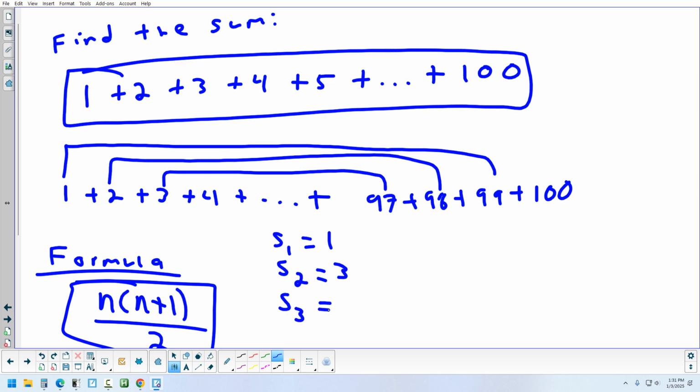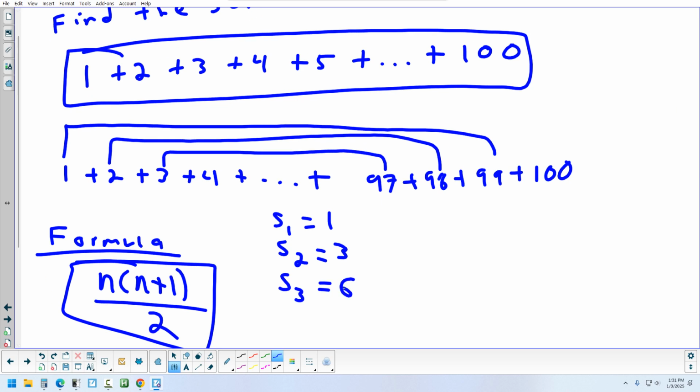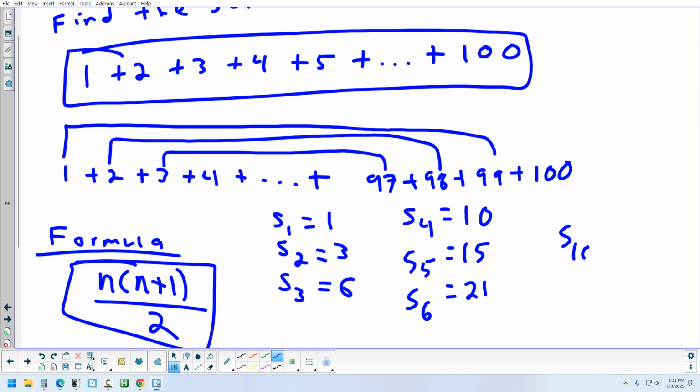What if you add the first 3 up? 6. What if you add up the first 4? 10. If you add up the first 5? 15. And let's do one more. Add up the first 6. 21. Our goal is to figure this out. What do you get if you add up the first 100?